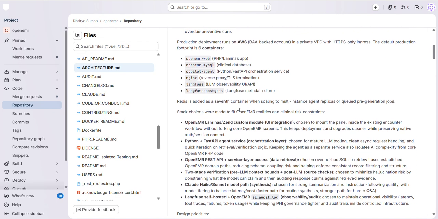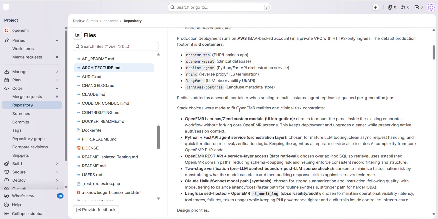Okay, and let me go over my other decisions. So the third major decision was to retrieve data through the structured OpenEMR paths. Initially, I wanted to implement my own. When I talk about OpenEMR paths, what I really mean is direct queries to the OpenEMR database.